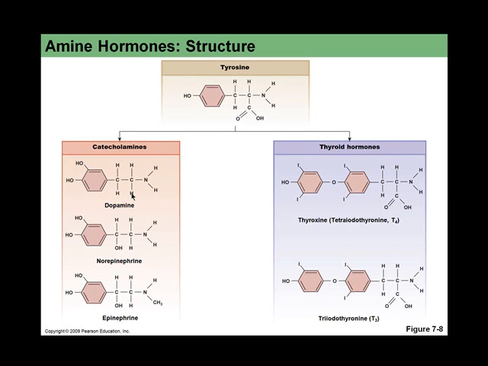So there's a dopa decarboxylase enzyme that does that. It produces the dopamine. So that's dopamine. Then norepinephrine, look, it's just an OH group rather than a hydrogen on this carbon closest to the ring. And then epinephrine has a methyl group on there.